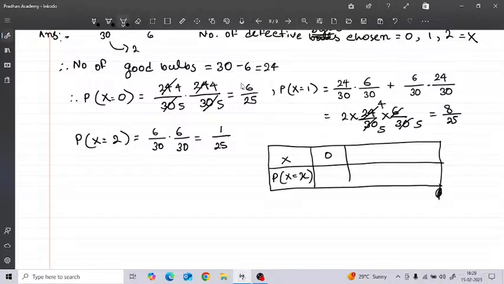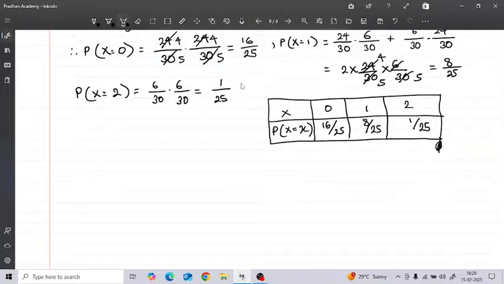So x can be 0, x can be 1, x can be 2. 16 by 25, that is 8 by 25 and 1 by 25. This is my required probability distribution function. Let's discuss the next question.